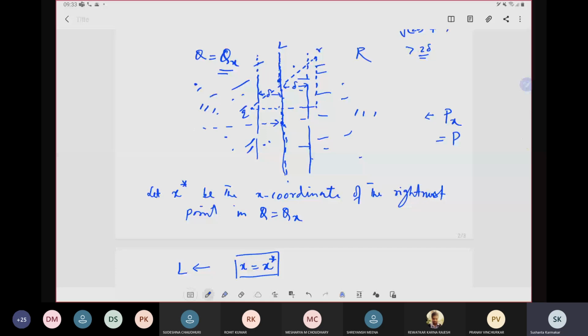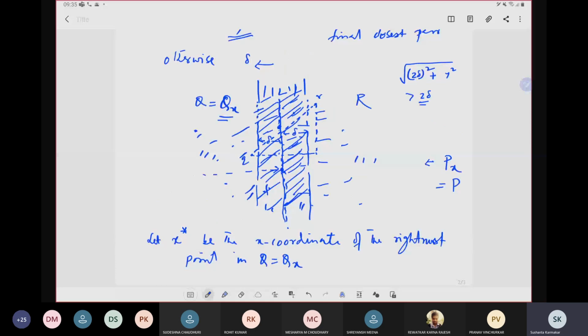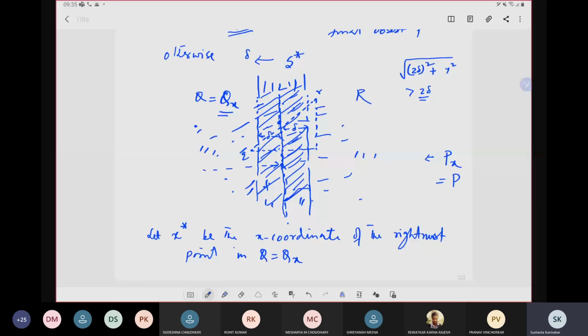We can search this region only, all the points in this vertical strip, and check all pairs of points. Let's designate this vertical strip as S star.